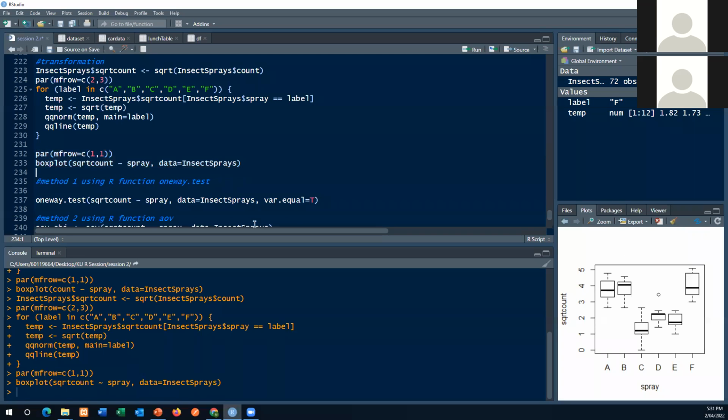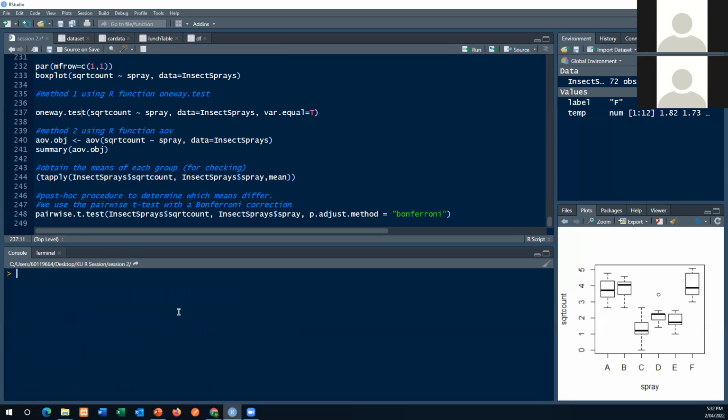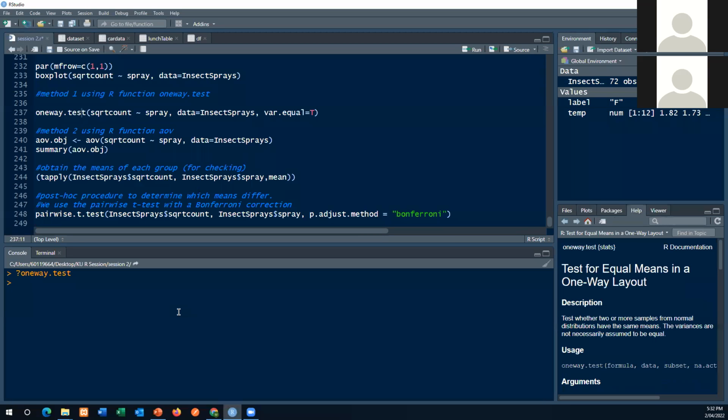Now, how can we do the ANOVA? There are several methods in R. Method 1 is the one-way ANOVA test, the oneway.test function. If you want to look at the manual, this comes from other statistical packages too.